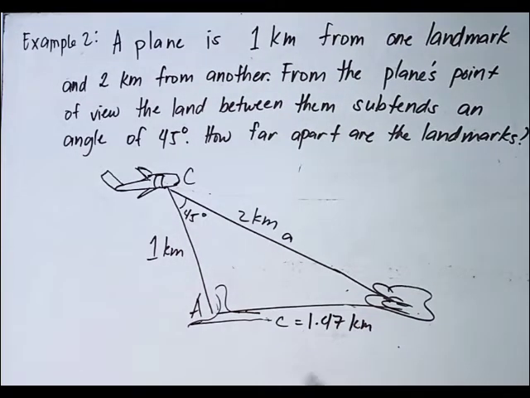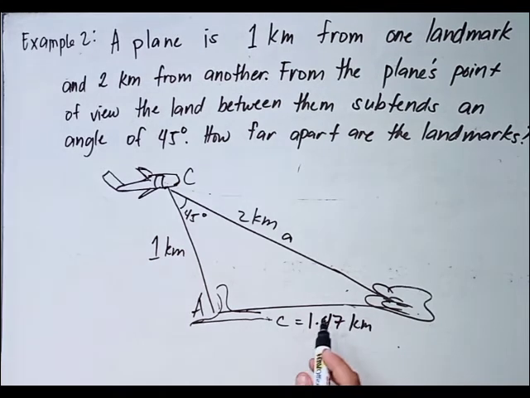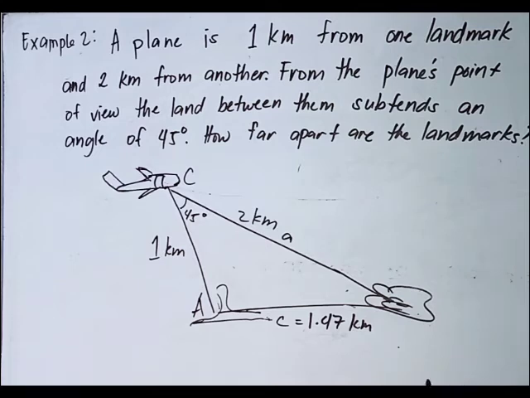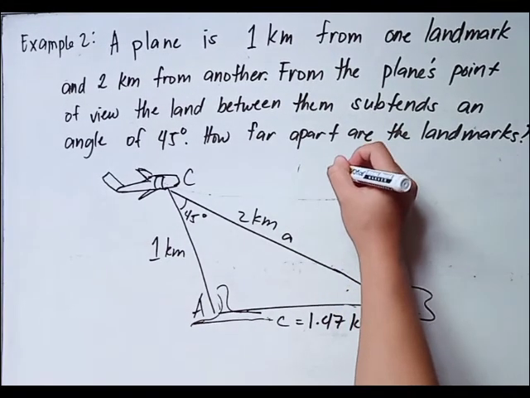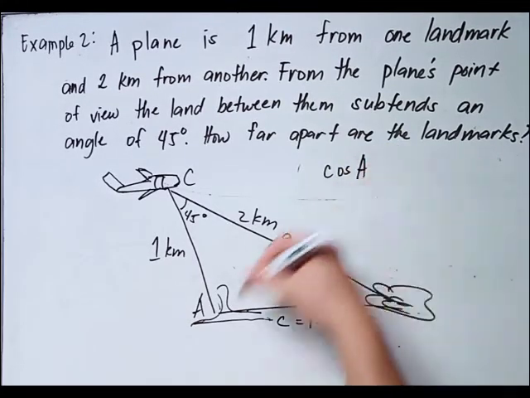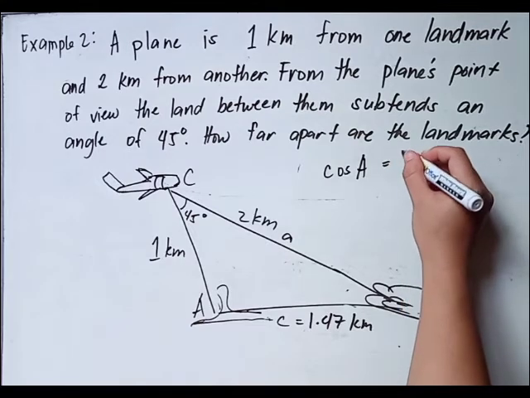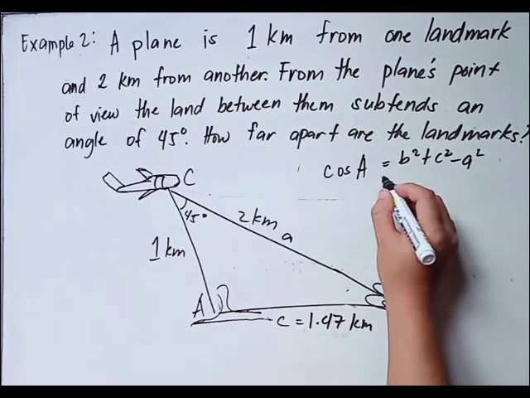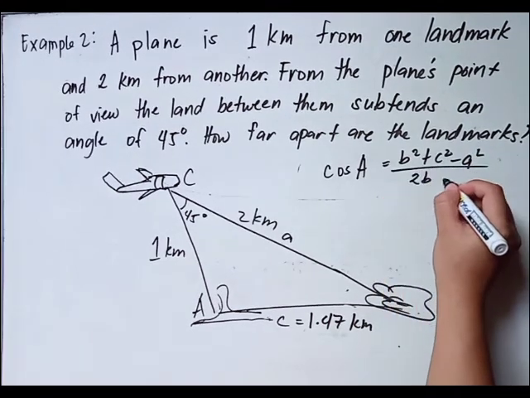Suppose we want to know the measurements of the other two angles in the triangle, then we can also find them using the measurements of the three sides. If you could still remember, let's try to find angle A. So cosine A is equal to B squared plus C squared minus A squared all over 2BC.